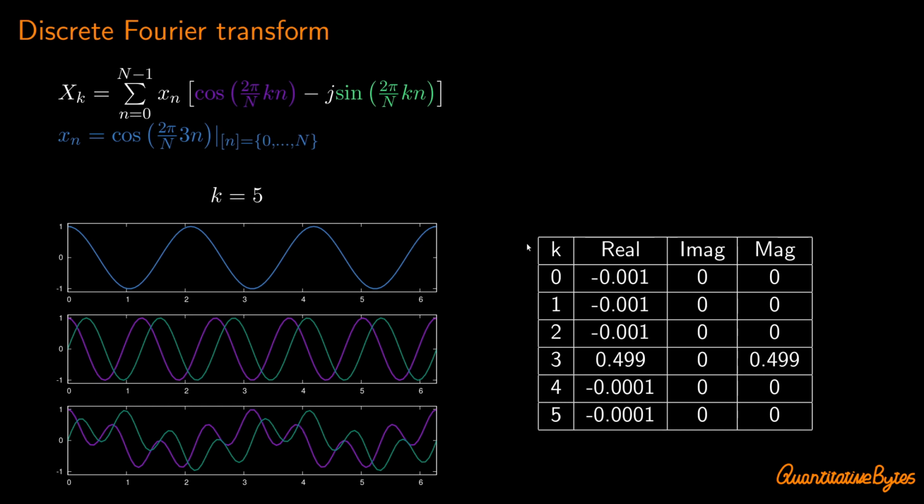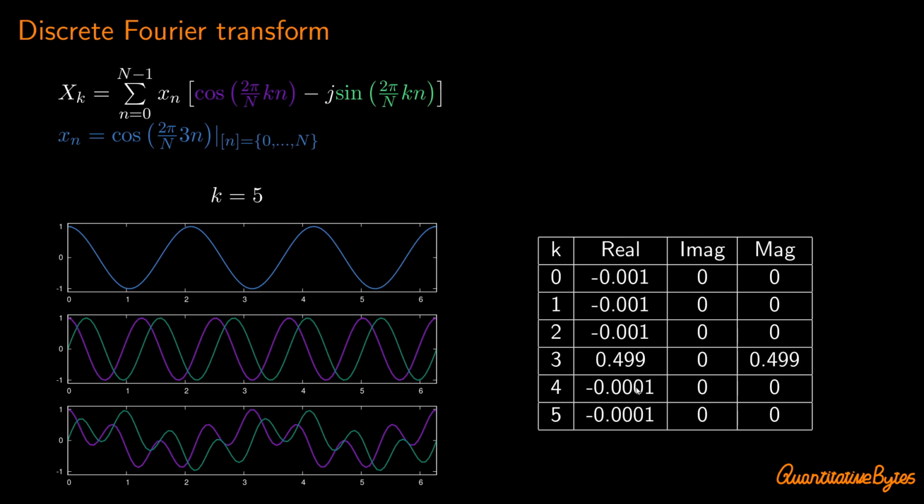And we went on and we looked at that for the first 6 values of k between 0 and 5, and we calculated what the real and imaginary values and hence what the magnitudes would be of all of those resulting complex numbers. And we saw that when k equals 3, which of course exactly then matches our input signal, we get a real value of 0.499, an imaginary value of 0, and a magnitude of 0.499.